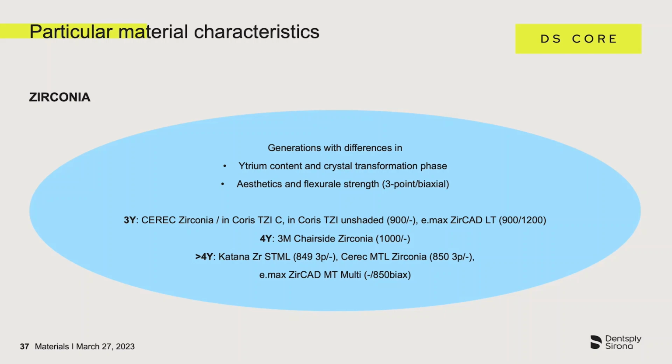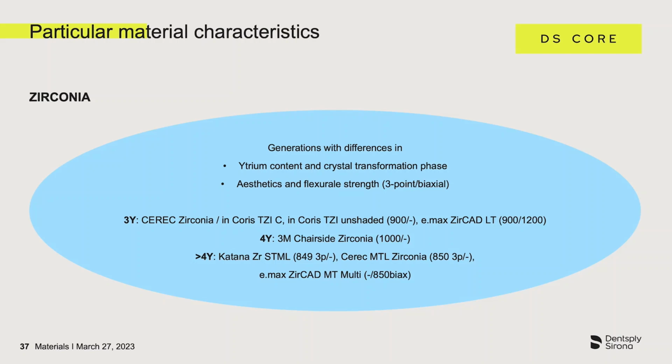Therefore, a low yttrium oxide content leads to a lower translucency but a higher flexural strength of the material. The zircons from the 3 yttrium generation, such as Ivoclar's TZ or Cerec Zirconia, shine with a high bending strength of approximately 1200 MPa in the biaxial and over 900 MPa in the 3-point bending test.